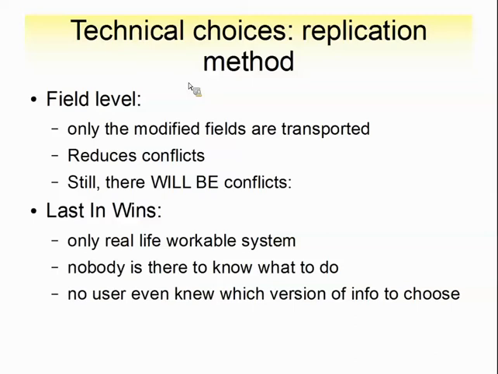And in that case, last in wins. And that's it. Now, there shouldn't be a problem because you have a way with that system to keep the history. Conflict will be few and far between because it's only on the field of a record. And with last in wins, it happens only from time to time. So that last in wins is the only real-life workable system I've tried.